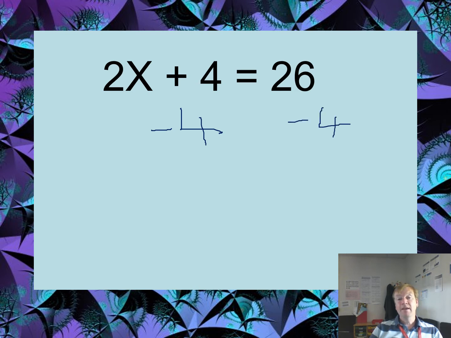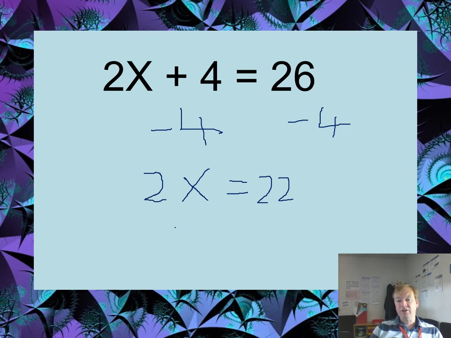Okay, so let's see what happens then. Well, 2x plus 4 take away 4, that just leaves me with the 2 and the x. And that equals 26 take away 4 is 22. Next, what do I do? Well, we said about the opposite things in the opposite order. We've taken away the 4. Now the opposite of a times 2 is a divide by 2.